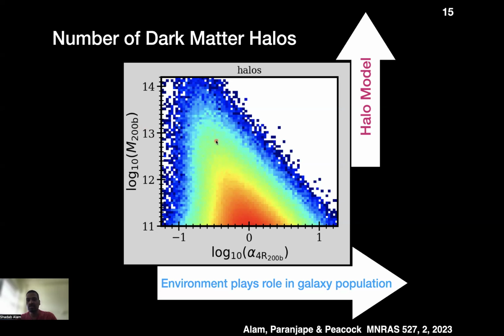If you look at surveys like DESI, LSST and Euclid, they will easily sample galaxies drawn from 10 to the 12 and 10 to the 11 halos, right? So host halo masses of 10 to the 11, a few times 10 to the 11, and 10 to the 12. Now they will be sampling galaxies in a much more diverse tidal environment than before. So this question becomes even more important: how important is the tidal environment and how are we sampling that?